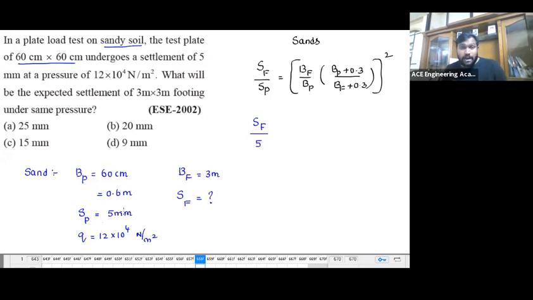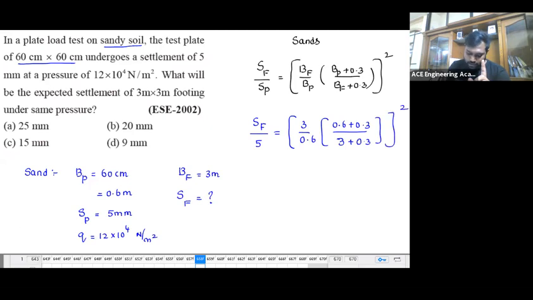Now I'm not converting this one, because if SP is 5 mm, whatever solution I obtain is also going to be in mm. Why? On the RHS I am using meters only. SF by SP is equal to BF, 3, by 0.6, into (0.6 plus 0.3) by (3 plus 0.3) whole square.